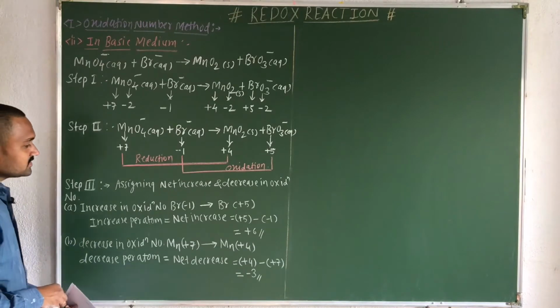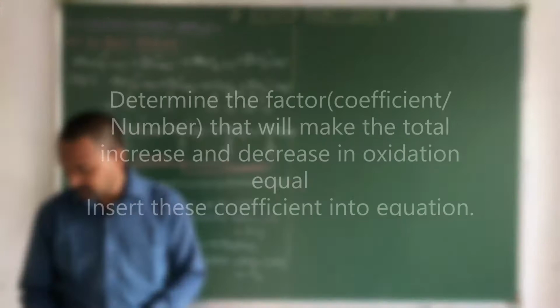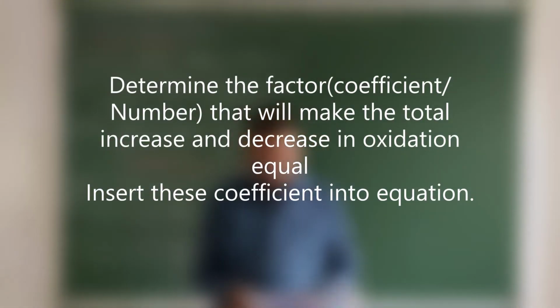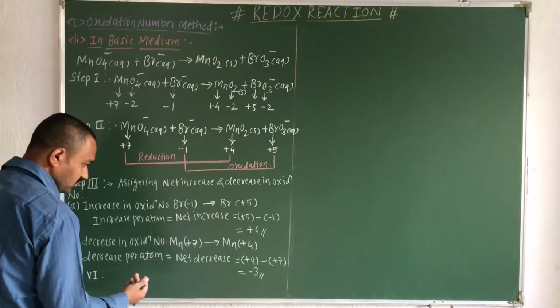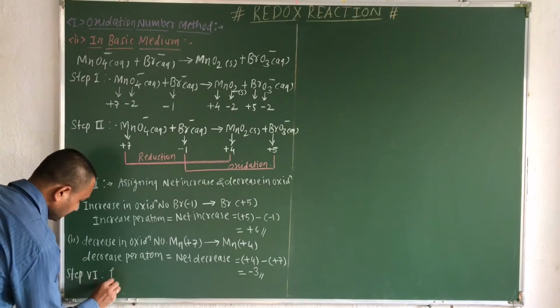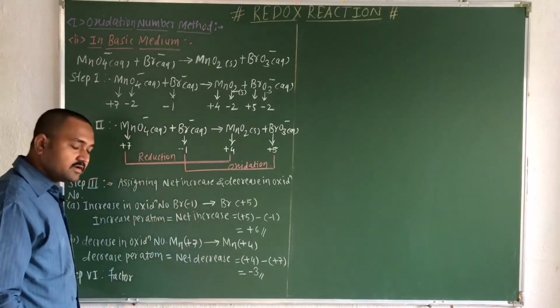Now let us go to step number four: determine the factor that will make the total increase and decrease in oxidation number equal, and insert that coefficient into the equation. In step four we have to assign a coefficient, or a factor, so that the net increase equals the net decrease.